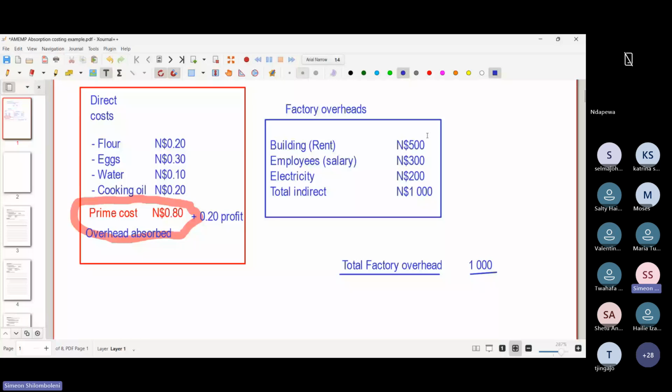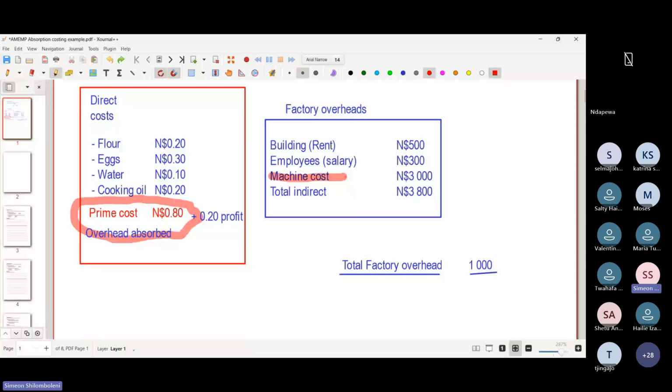Now, when most of your overheads are made up of machines, you will have something here that will be maybe machine cost of, let's say here, and then here your total is going to be 1,800. You can see in this case that your overhead is made up of machines.